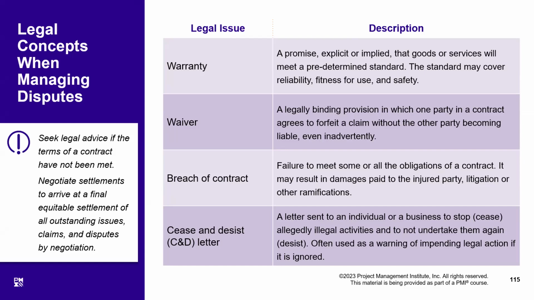If your contractor is doing some illegal activities, against the law of the land, in their work premises, and you learn about it, it is your immediate responsibility to seal off the premises and issue a C&D letter to your contractor, saying that I have seized the premises and locked them down, and you must desist from continuing work, or legal action will be taken against you. That is called cease and desist.